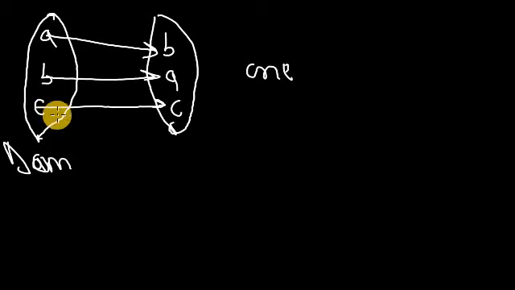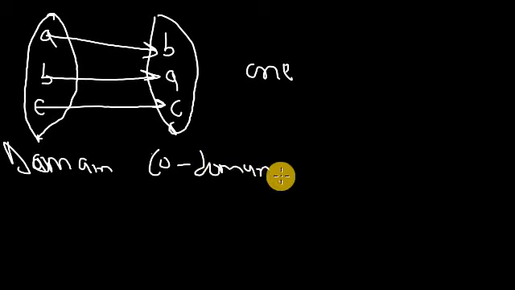That is, a single input must not have more than one output. They must be different. Different elements in the domain must be mapped to different elements in the codomain. Otherwise, it is not a one-to-one mapping.